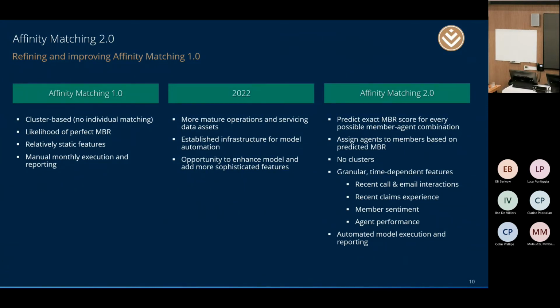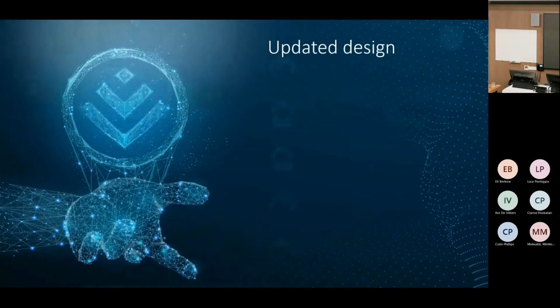So this means we do away with clusters, and we add much more granular or time-dependent features. So, for example, considering recent call and email interactions and member sentiment, and on the agent side, considering factors such as agent performance. And then we said, of course, a definite goal or outcome of this model would need to be to automate the execution and reporting of this model.